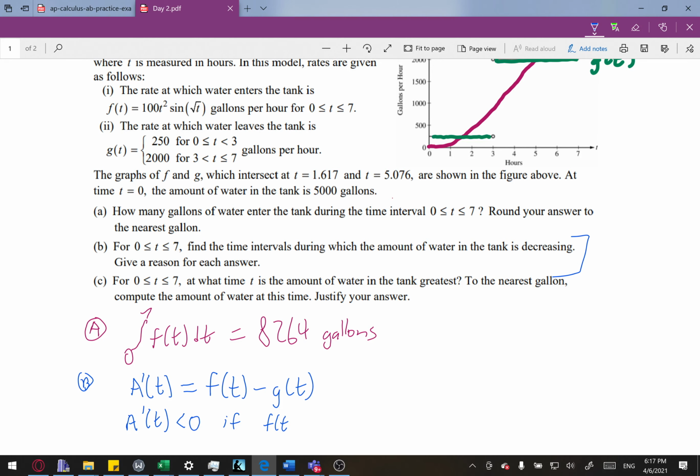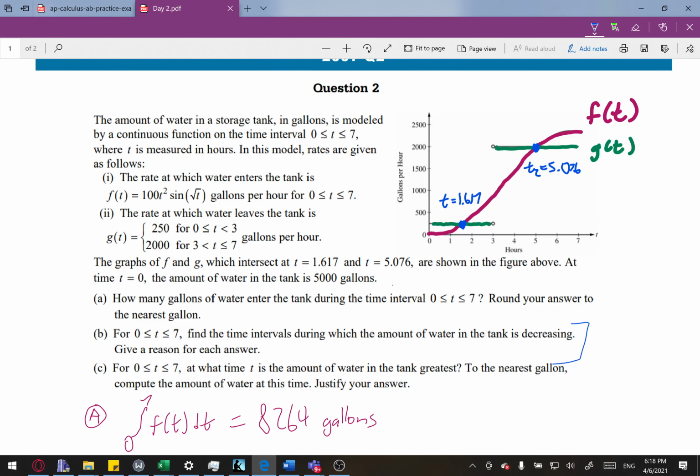Okay, so looking at this graph, when is f of t less than g of t? Looking for a range, so from what number to what number? From what time to what time?